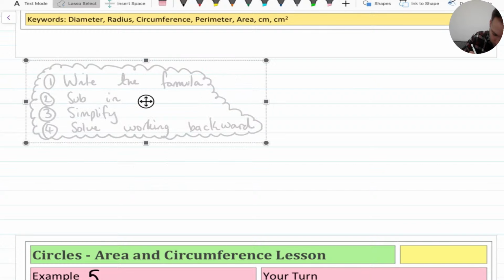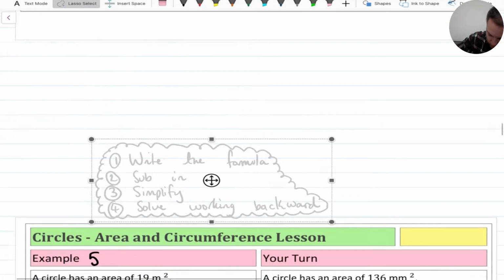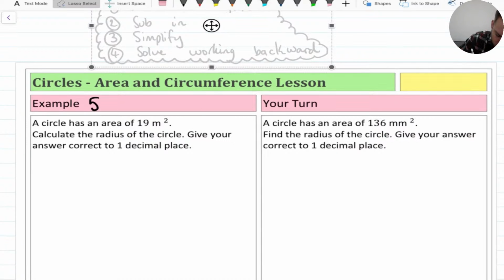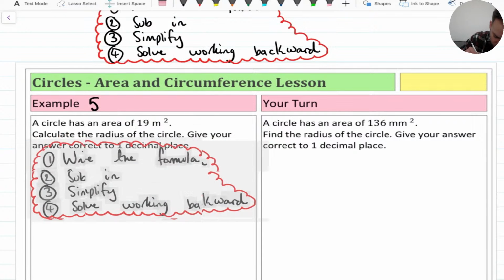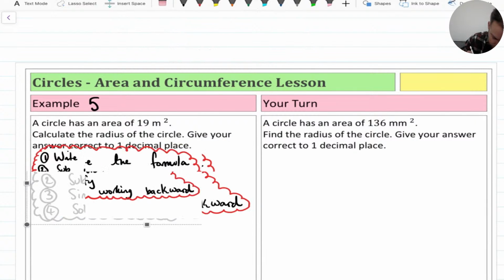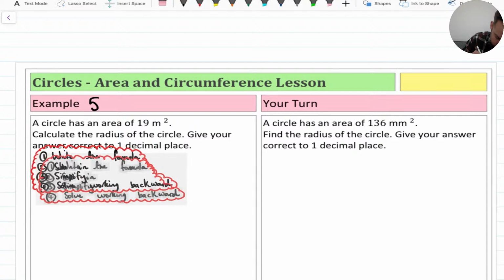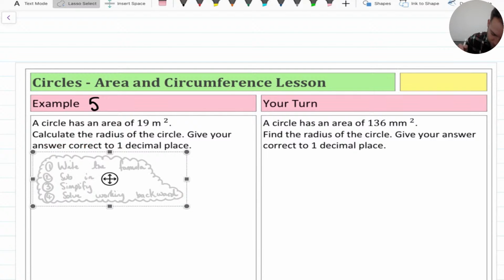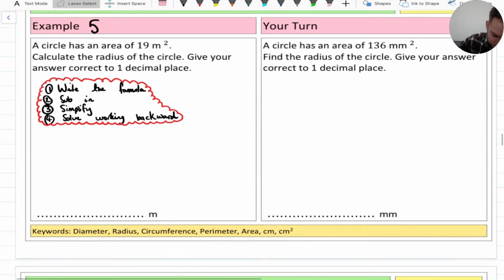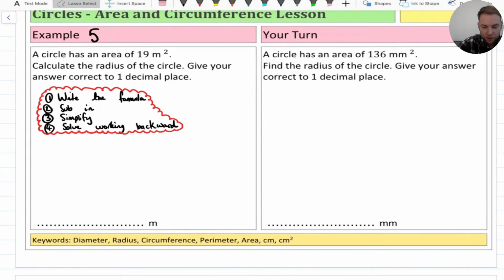Because we are working backwards now, we need to be thinking about those 4 steps. So we need to write the formula, substitute in, simplify, and then solve working backwards. So let's do each of those steps.